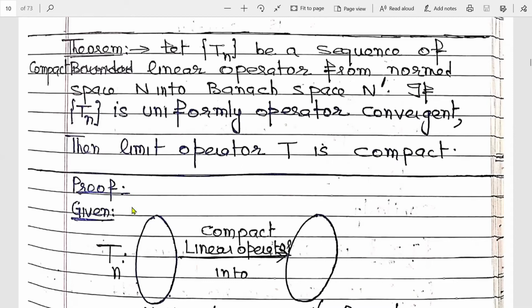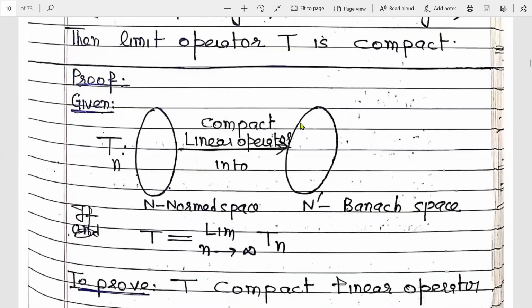If this sequence is uniformly convergent, then its limit is compact. It means if a sequence of compact linear operators is convergent, then its limit is again a compact linear operator. Or we can say that the limit of a sequence of compact linear operators is again compact. Clear? So that is our result.